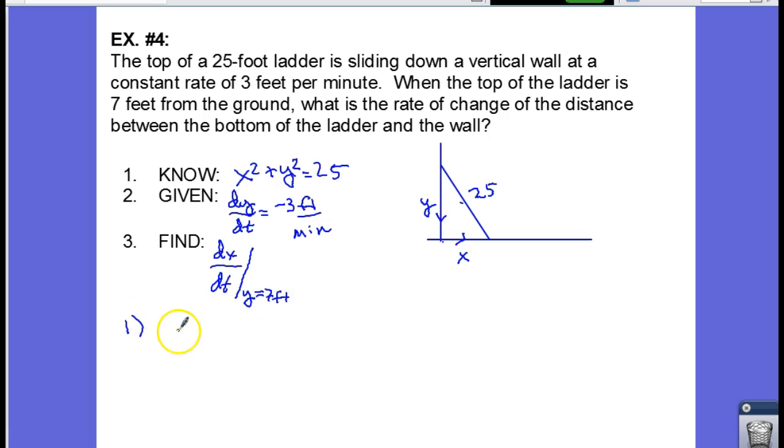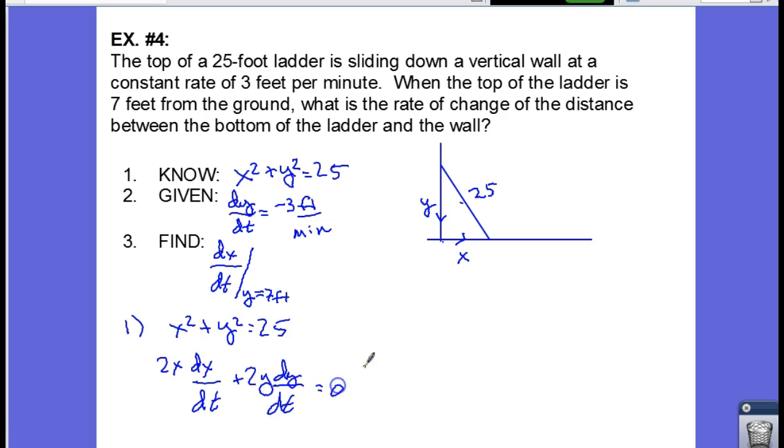All right, so the first thing that we'll do is begin with our Pythagorean relationship, x squared plus y squared equals 25 squared, and let's differentiate this implicitly. So we have 2x dx/dt plus 2y dy/dt equals 0.